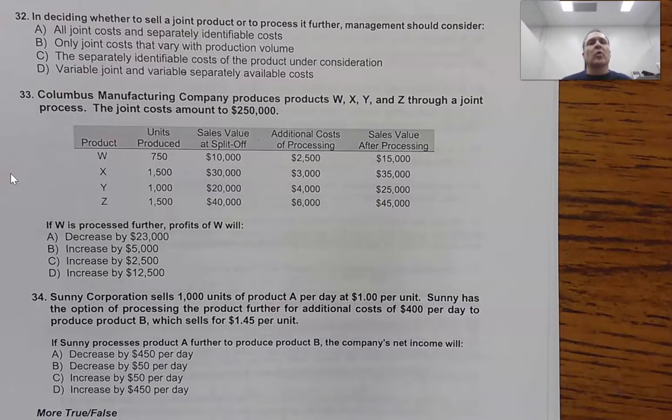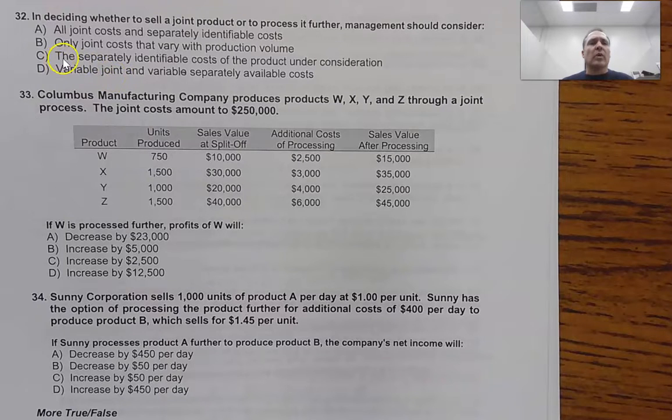Okay, so there's one correct answer here and three incorrect answers. Well, we just said in the previous question that costs incurred in the joint process are going to be incurred anyway. So any of these answer choices that uses the word joint, especially this one where it talks about only joint cost, are going to be wrong.